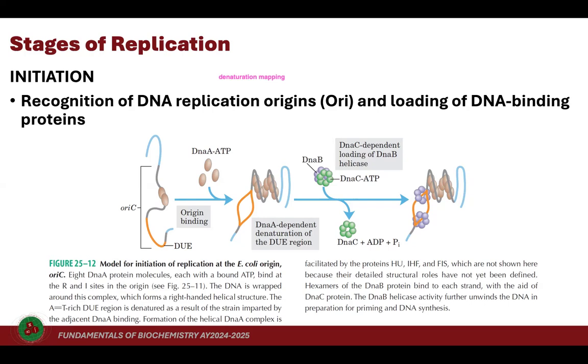And if you recall, the AT base pair has only two hydrogen bonds compared to your GC. And it makes sense that you should have an origin that is AT rich because it requires less energy to open. So again, you need to destroy the hydrogen bonding because you're going to open your DNA. You have to break the interaction of the nitrogenous bases for you to form the replication bubble.